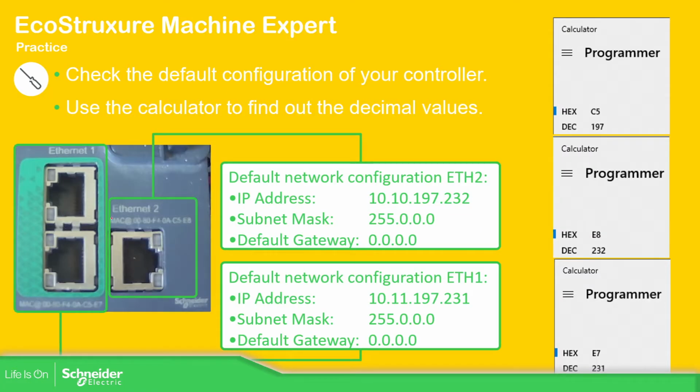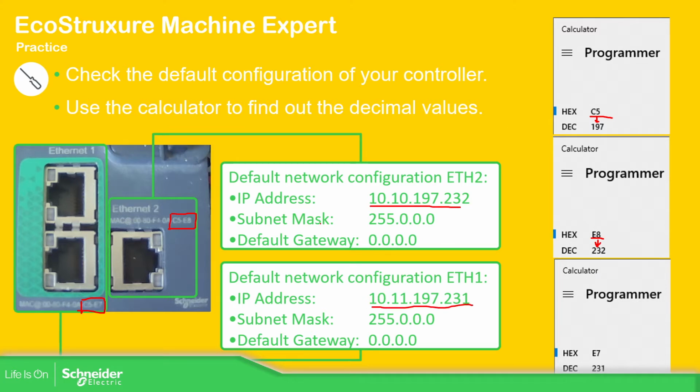As an example, which is the same that I have on my desk, you need to check the 4 digits that you have, and then using the calculator you can change from hexadecimal to decimal, and this is the information that you can see over here.